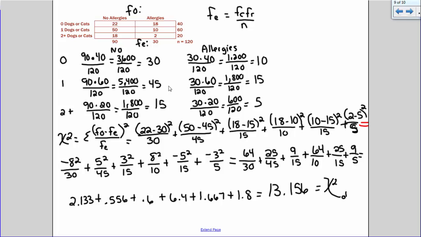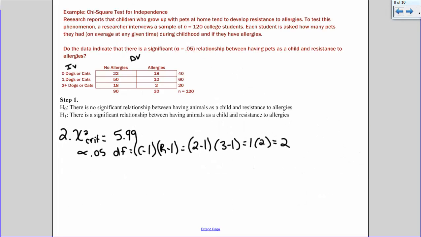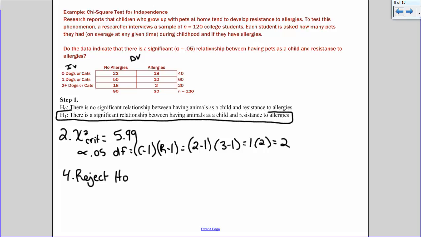That is our chi-square observed. All right. So 13.156 is larger than our critical value of 5.99, so we reject the null hypothesis and conclude that there is a significant relationship between having animals in a child and resistance to allergies.